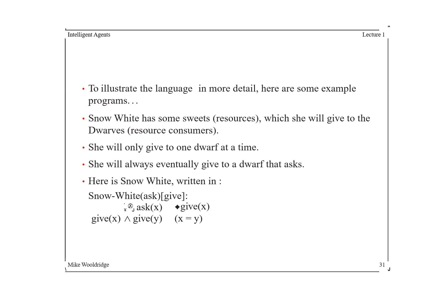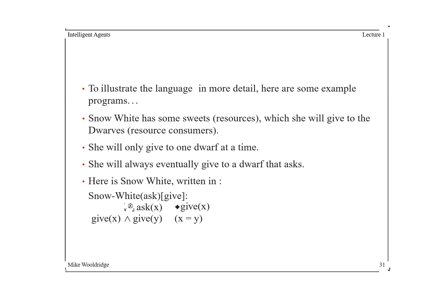If you see this particular statement, these two statements are represented by these logical expressions. So she will only give to one dwarf at a time. If I represent x as the dwarf, then ask x and give x at a particular time only.